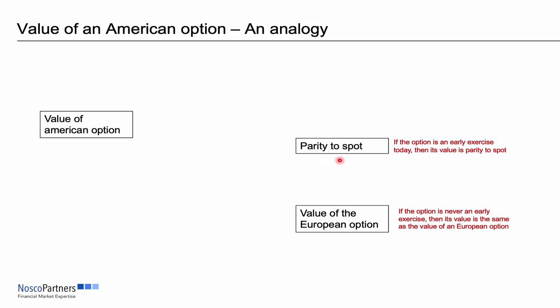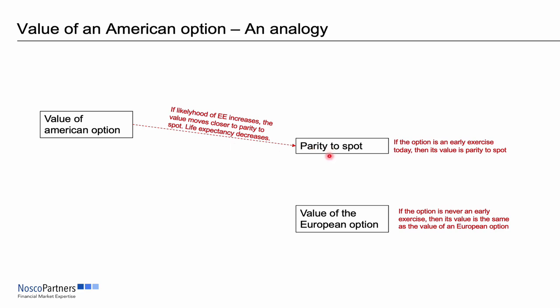So now you can think in the following way. If the likelihood of early exercise increases, that means the life expectancy of the option gets shorter, then the value of the American option moves closer to the parity to spot. That's what we had before, right?